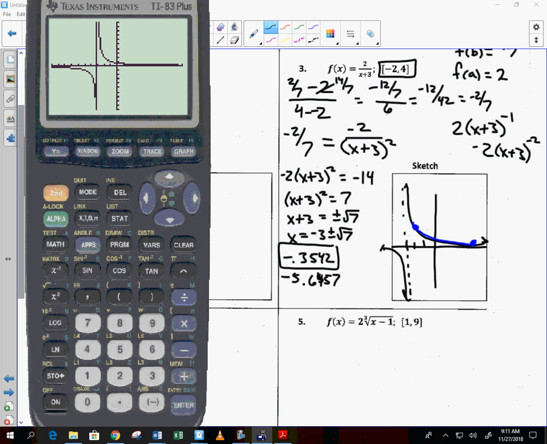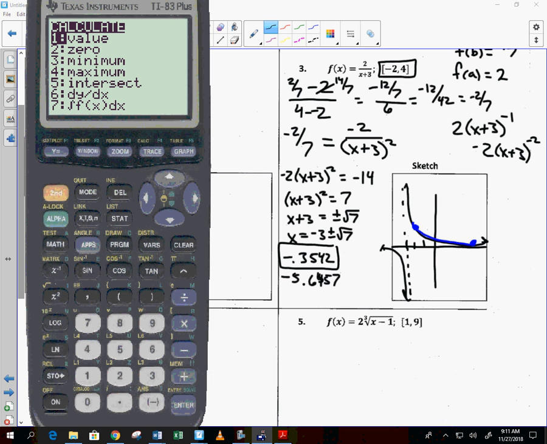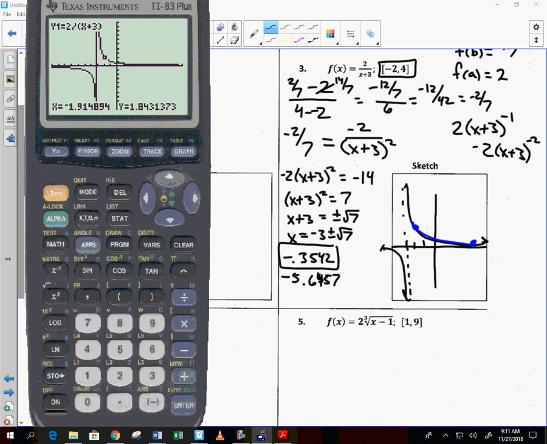In fact, here's a great way you could decide to check your answer. I'm looking at the graph. I'm going to compute the derivative, second calculate, which one's the derivative up here, number 6. I'm going to compute the derivative at, I can even type it in exact, at negative 3 plus the root of 7. It's going to find that spot on the graph, and it's going to compute the slope.